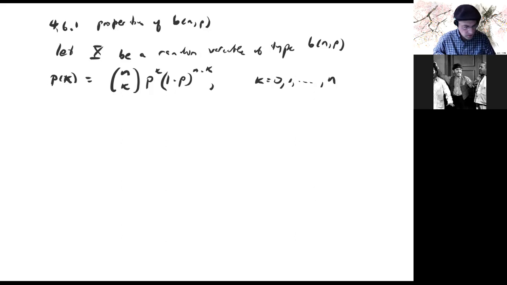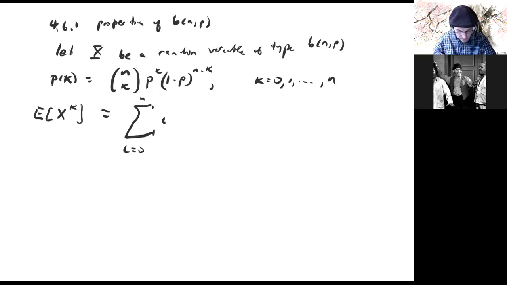Okay, so I want to compute the expected value, first of all, as a preliminary computation, of the random variable X to the k, where X is binomial of type n, p. By definition, this is the same thing as the sum, i goes from 0 to n, of i to the power of k, n choose i, p to the i, 1 minus p to the n minus i.